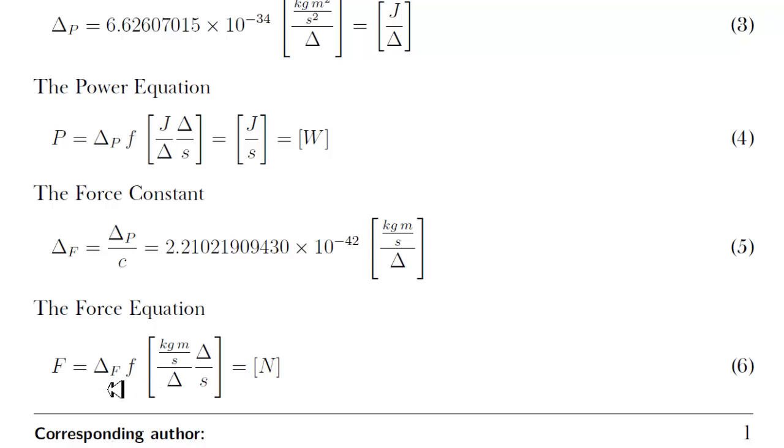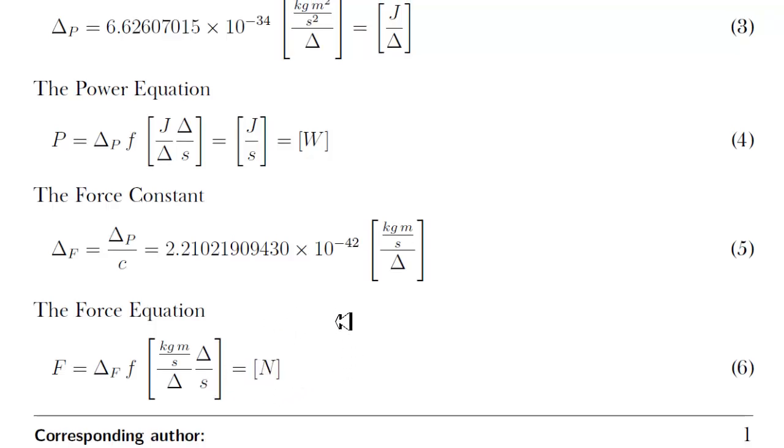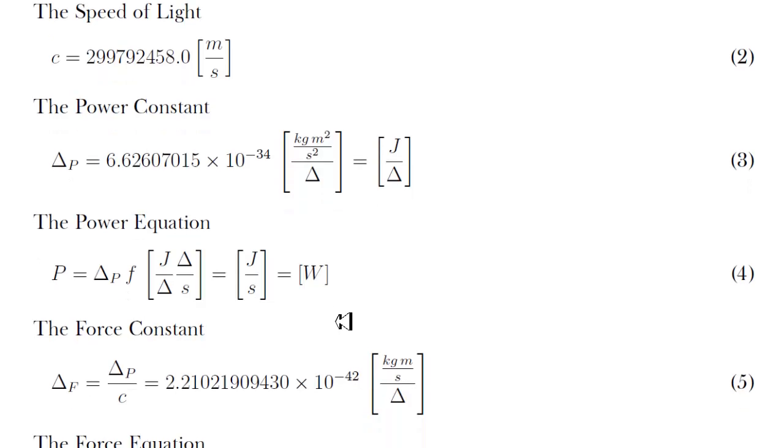And so the cycle of force has units momentum per cycle, and frequency has units cycle per second. And so the cycle terms cancel, and you end up with kilogram meters per second squared, which of course are the units of force, or the Newton. Okay, so these are all the tools we're going to use to solve the laser problem.